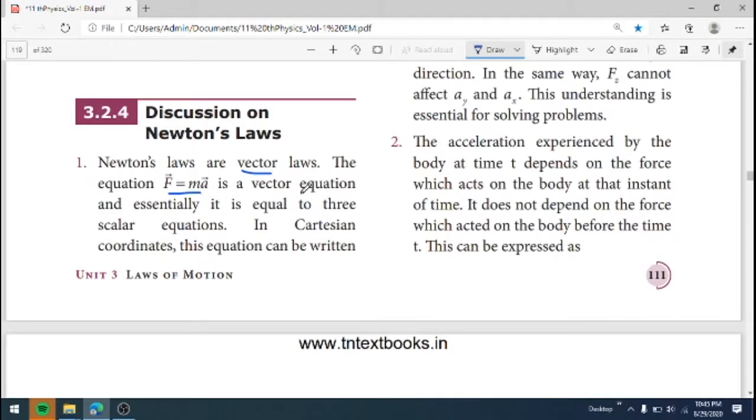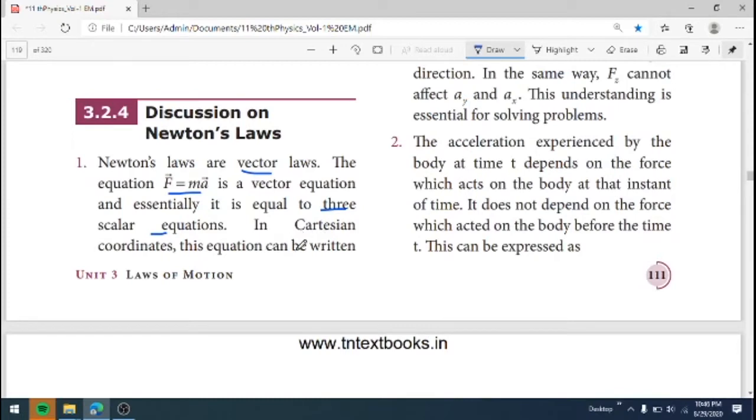Even though it's a vector equation, it has three scalar equations. That's why it is essentially equal to three scalar equations.